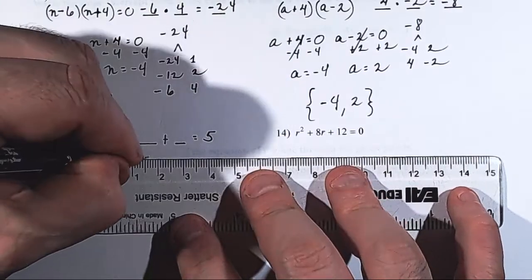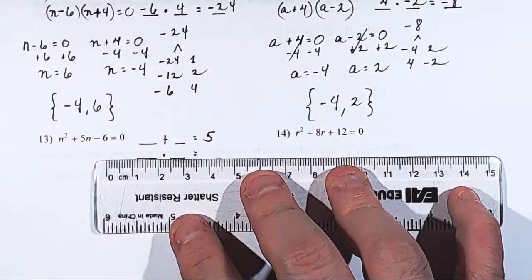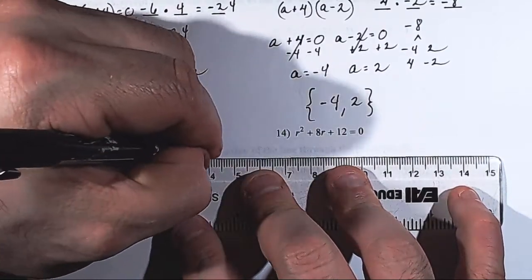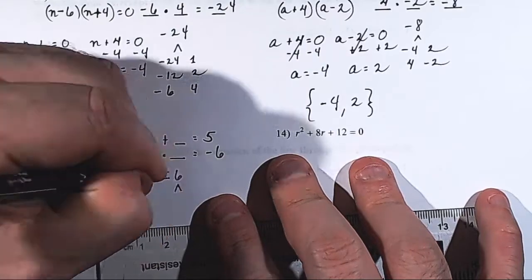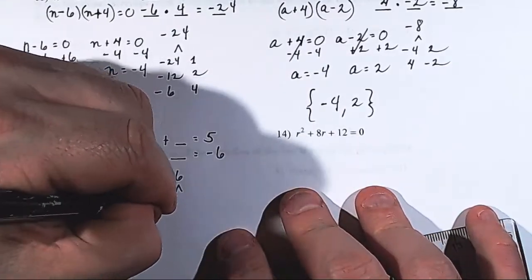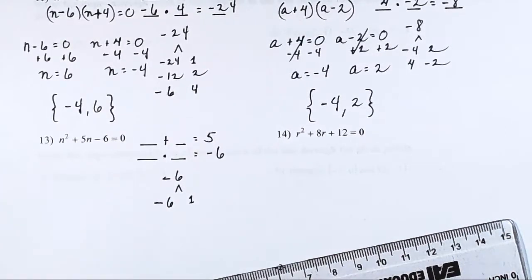And those same two numbers need to multiply to equal the last term, which is negative 6. So we'll take negative 6 and break it down. I've got negative 6 and positive 1. Okay, that equals negative 6, but when I add them together, I get negative 5, and I want positive 5.